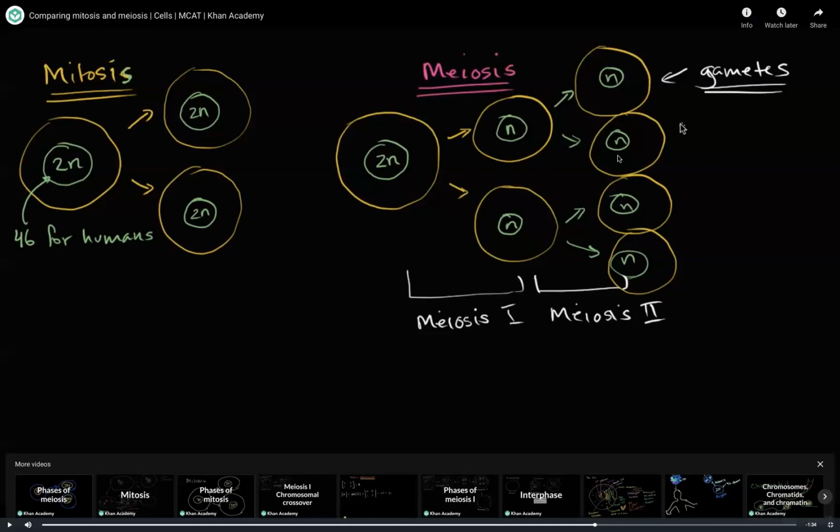That's the function of meiosis, to do what? Mix and match all this genetics so that when 1N meets another 1N, it'll make a unique human being. And each human being's DNA, each human being's code is definitively unique.